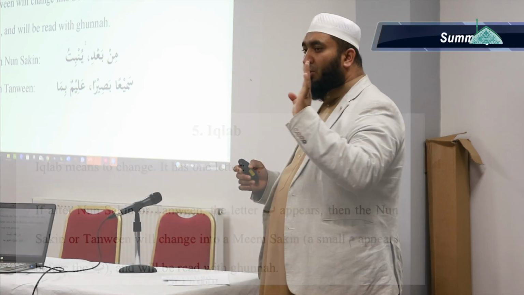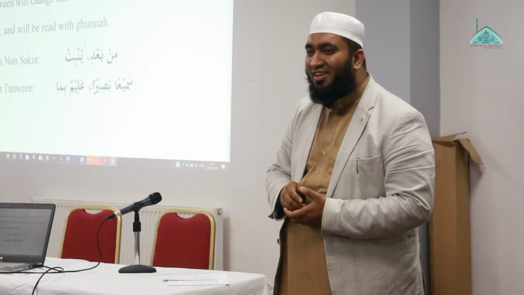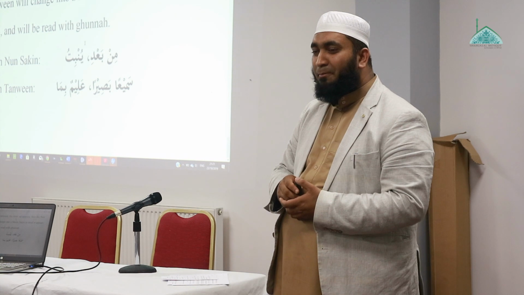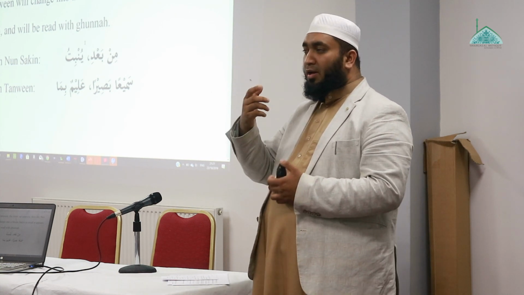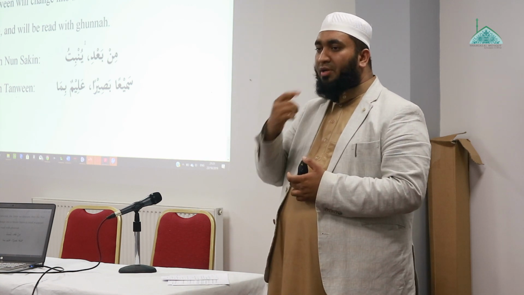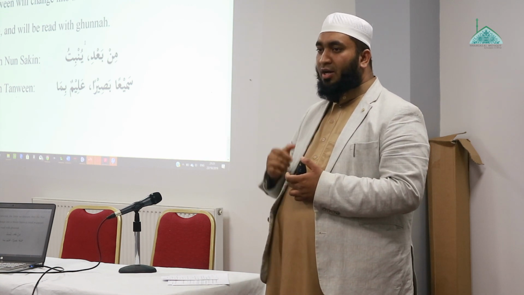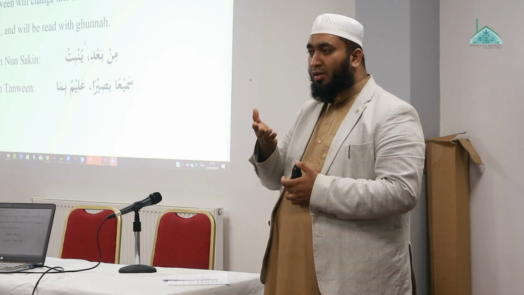So we have found 4 rules of Nun Sakin and Tanween. When you pronounce the mim, do you not totally close your lips? Yes, leave a slight gap. The makhraj or exit point of mim is joining both lips, the outer part of the lips.